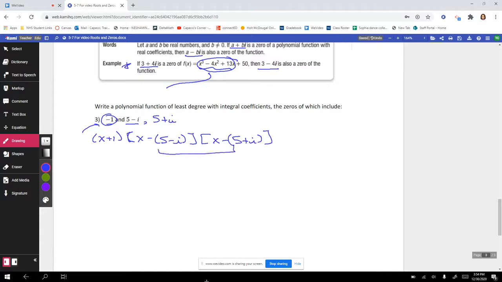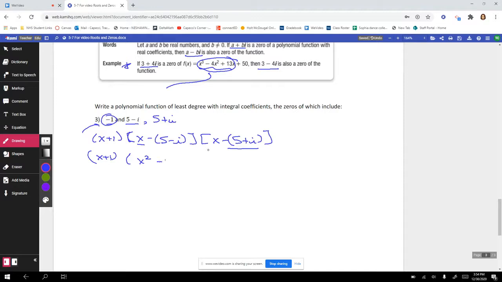So we're going to deal with these two binomials right now. This x plus 1, we're just going to keep rewriting that one. In this case, I have a binomial times a binomial, so I'm going to use FOIL. x times x is going to be x squared. My outside, I have x times negative, in parentheses, 5 plus i.